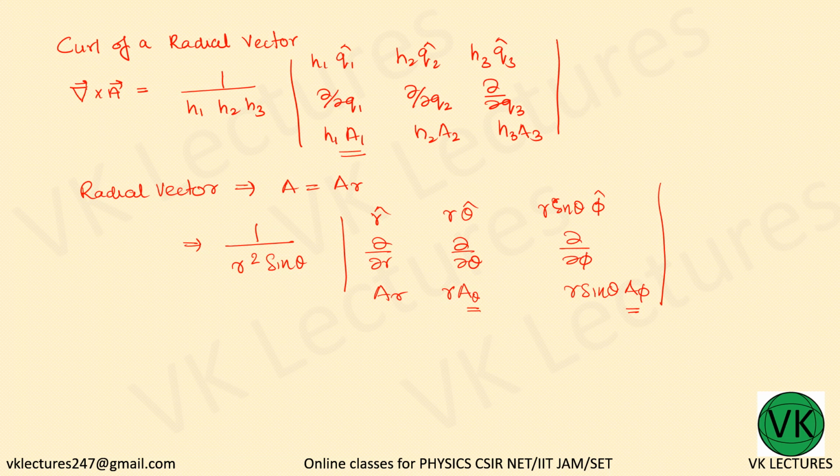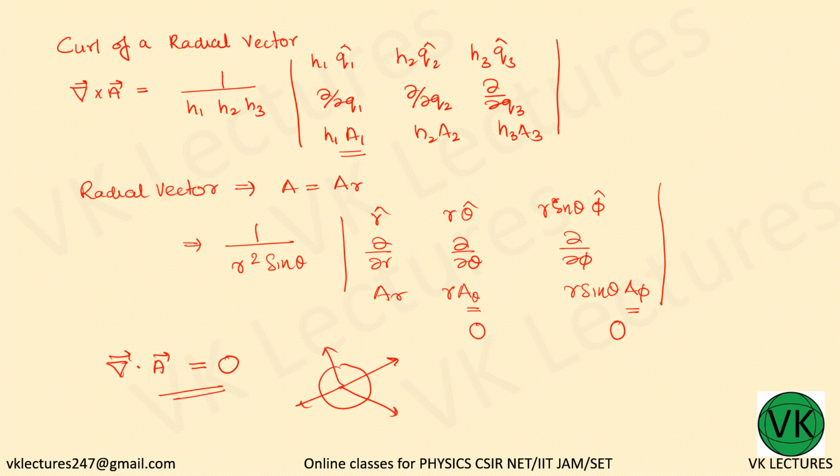So A theta and A phi are 0, and these two quantities become 0, which means del cross A will be equal to 0, because the curl of a radial vector, which goes outwards along the outward normal, is 0.